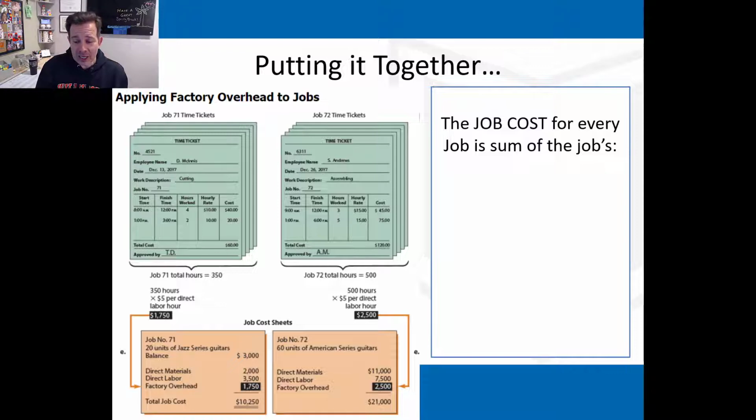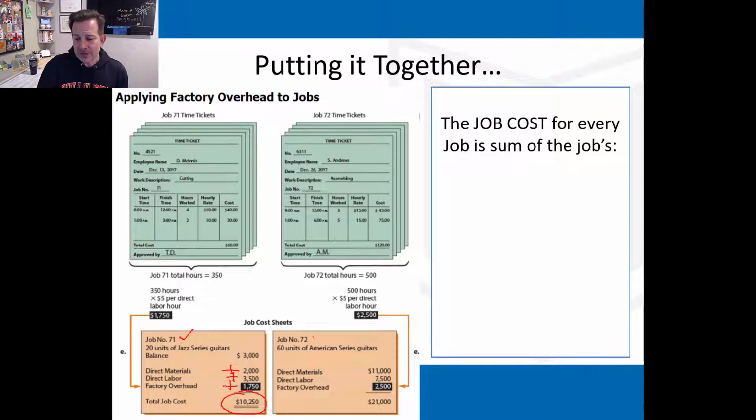So now job 71, it has direct material, it has direct labor, and it has factory overhead put to it. So our total job cost for job 71 is $10,250. We would want to make sure we didn't sell that job for less than $10,250 because that's what we have in it. We want to sell that job for $12,000, $14,000, $15,000, whatever.